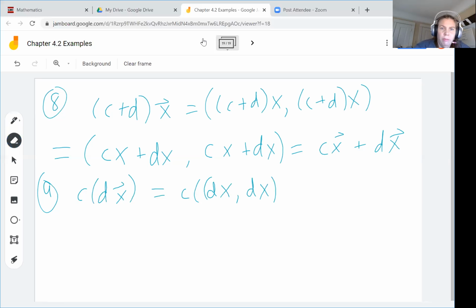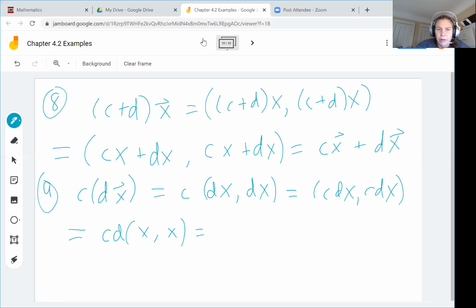See, I don't need double parentheses here. Then when I push c through, it's going to be cdx, cdx in each element. And then I could say, oh, well, that's just cd times (x, x), which is just cd times a vector x. So I showed the associative property for scalar multiplication.